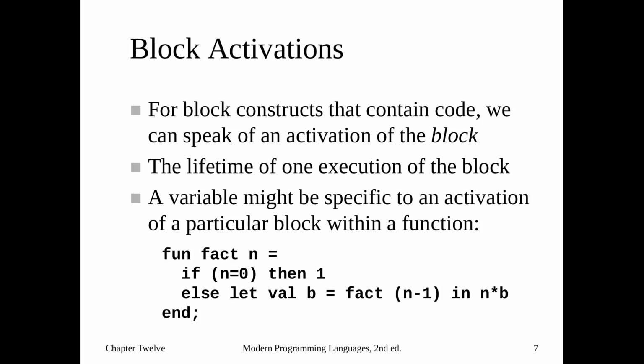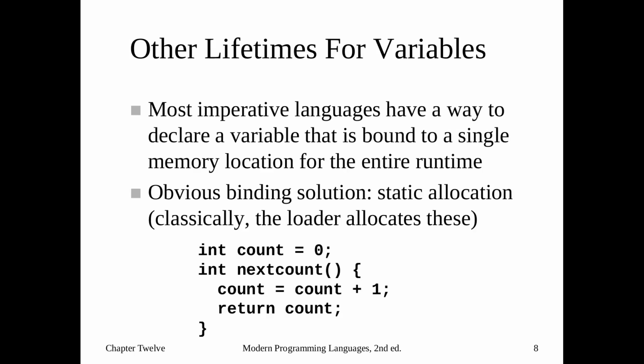B is an activation variable specific to that particular block, whereas n is an activation variable specific to the enclosing function's activation. So keeping all that in mind, that leads us to a problem. If we have separate records for each of these, how do we deal with that? We'll talk about that shortly here.